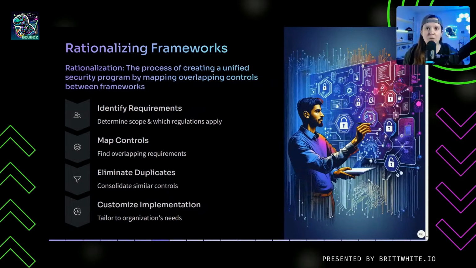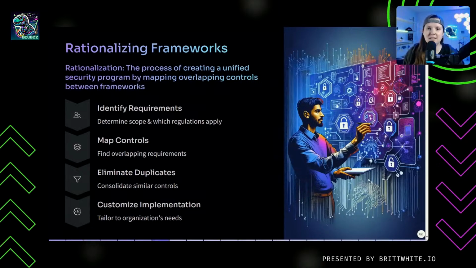With the overlapping or duplicated controls identified, we can then merge and consolidate these similar requirements into a single streamlined set of controls. Finally, we customize the implementation of the rationalized framework to best fit the organization's specific needs and constraints.